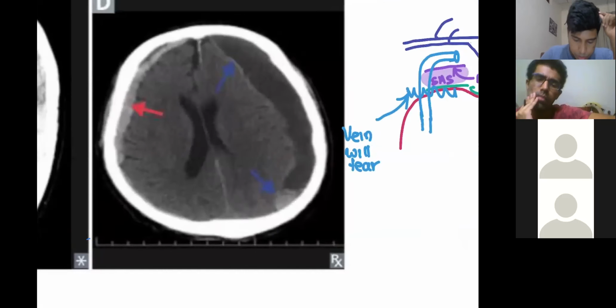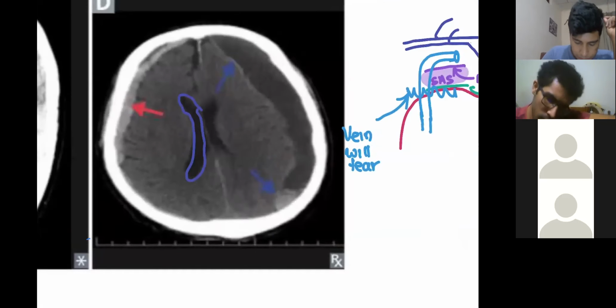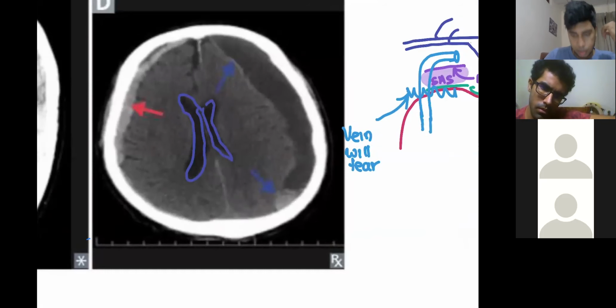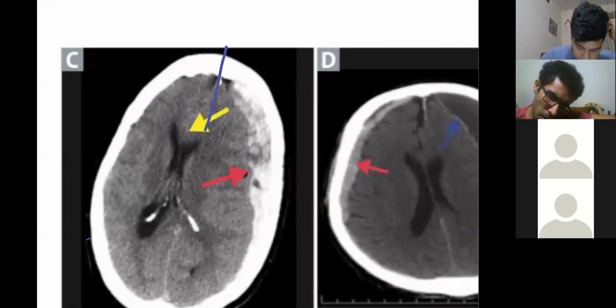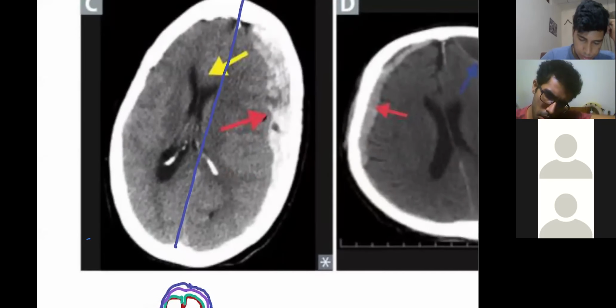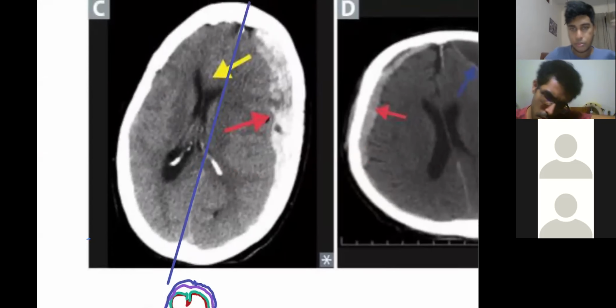You can see it here also. The ventricle, which is supposed to look beautiful like this, like a butterfly, has its wing damaged. This is called a midline shift. The ventricles are supposed to be on either side of the midline, but it has shifted to one side.